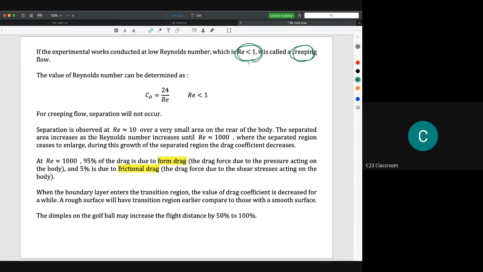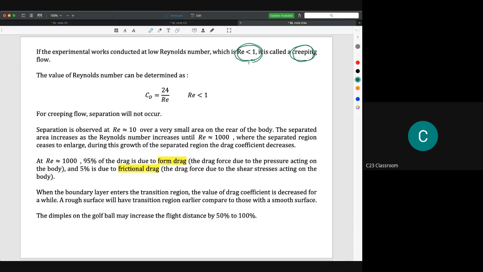It is a flow that is very slow, in a small tube or around a small object. It is fully laminar, and because it is not comparable with other flows, we call it creeping flow.